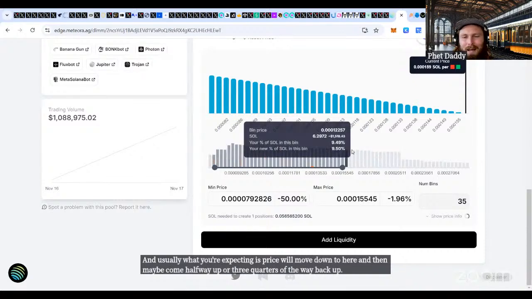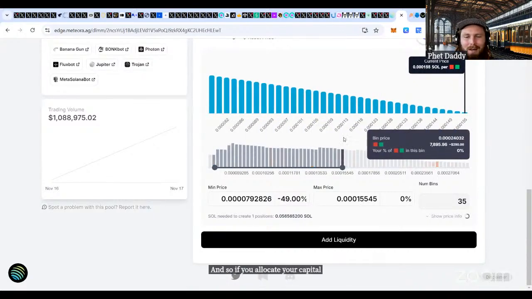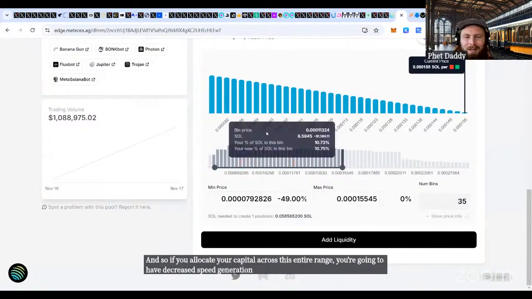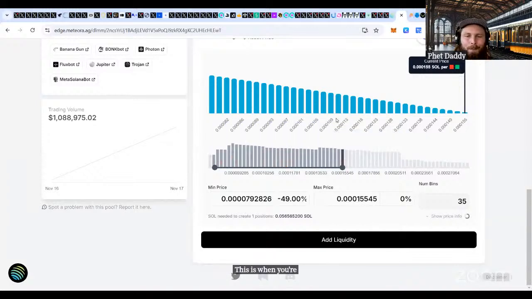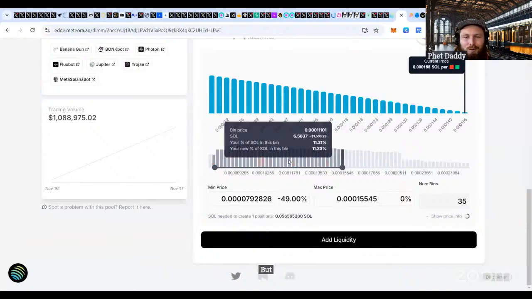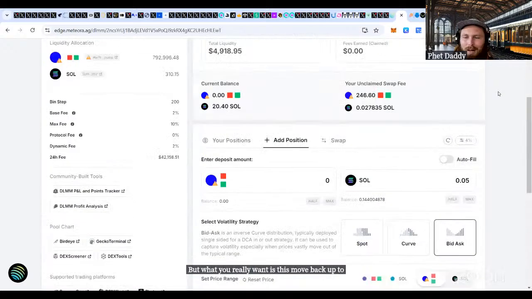If you allocate your capital across this entire range, you'll have decreased fee generation in the sweet spot where you're generating your profit. On the way down you're accumulating fees, which you can sell for a profit. But what you really want is this move back up to put your position in profit.